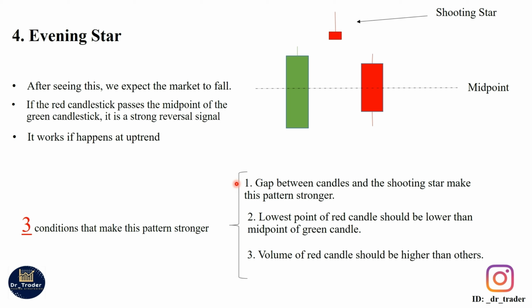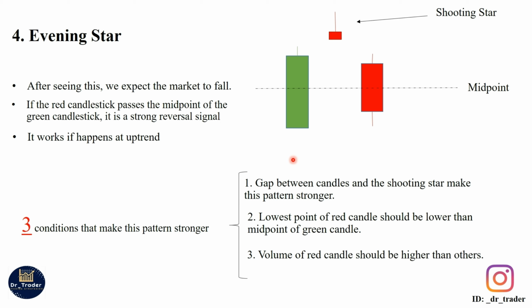And also, there is some condition for evening star that make this pattern so much stronger. For example, the first one is the gap between candles and this shooting star. The more gap between these two candles and the shooting star, the stronger this pattern would be.